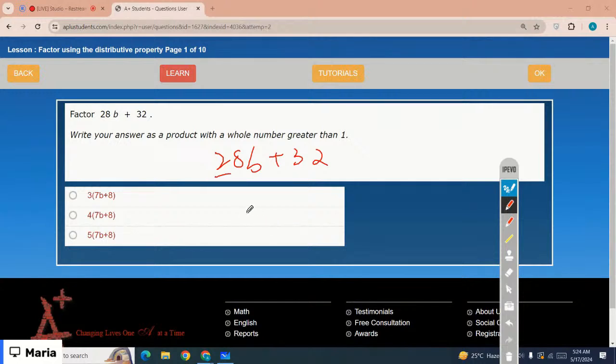You need to take common 4. 4 times 7 is 28, that would be 7p, and 4 times 8 is 32. So that is 4 times 7p plus 8.